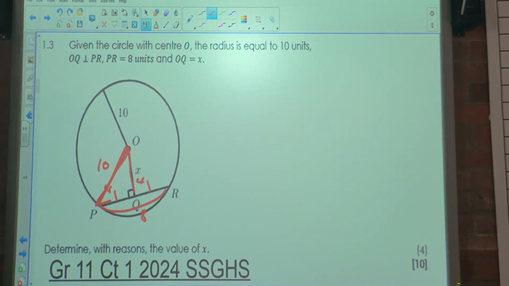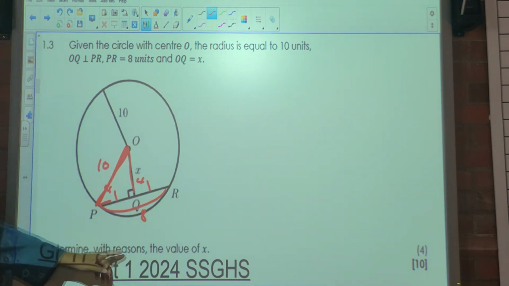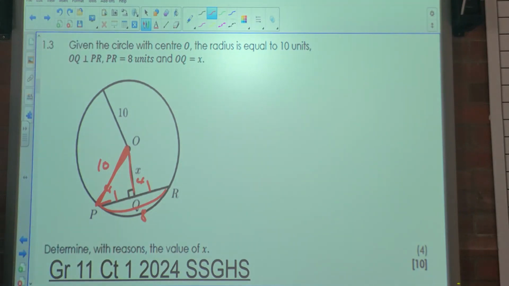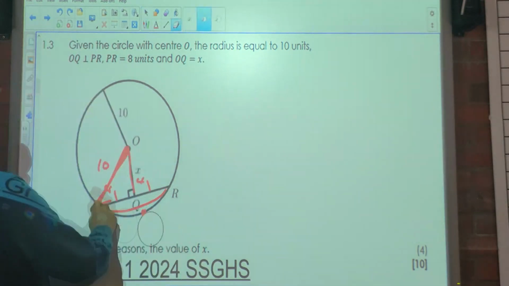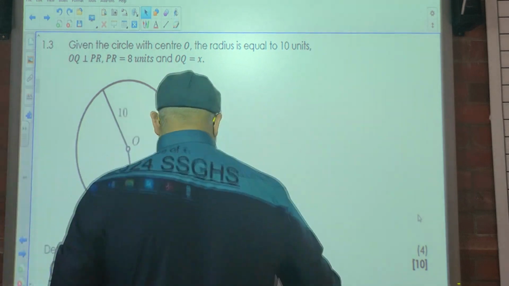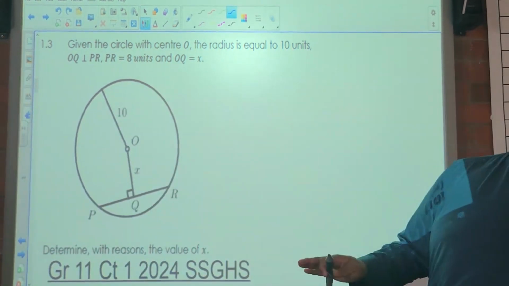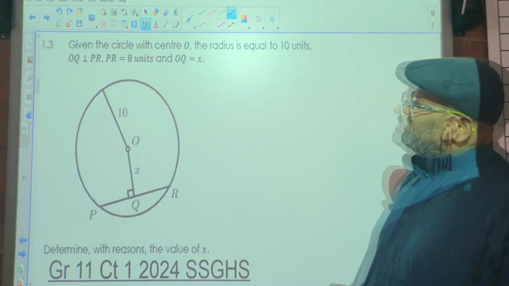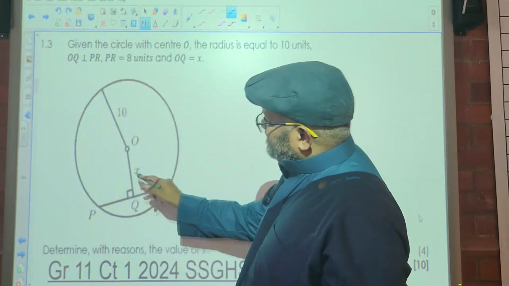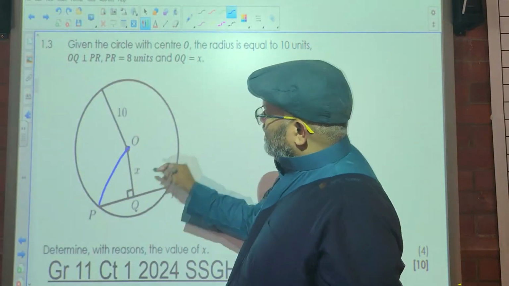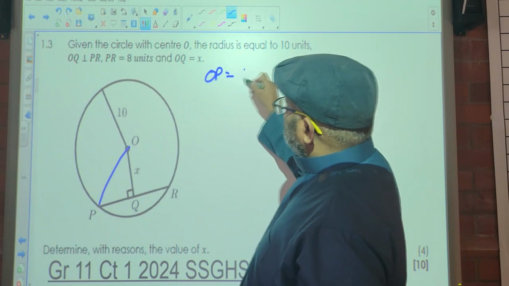If I complete this triangle, then I know this length is also 10. If I've got 14, I can calculate x, not so? The question says determine with reason the value of x. Remember, whatever is not on the diagram, I must write in. So we start off by saying that OP is equal to 10.